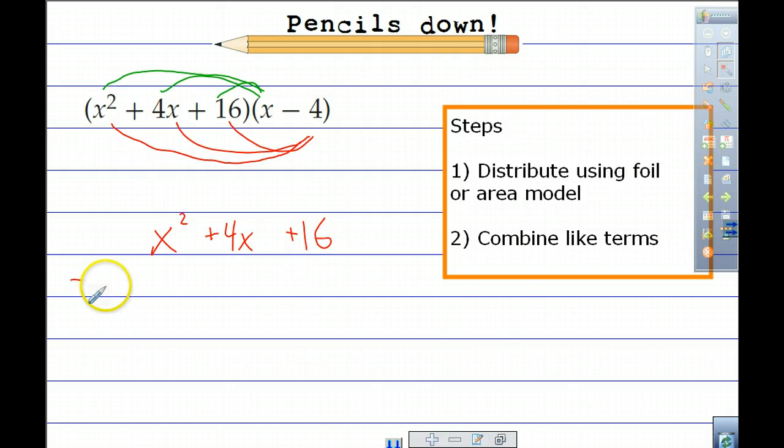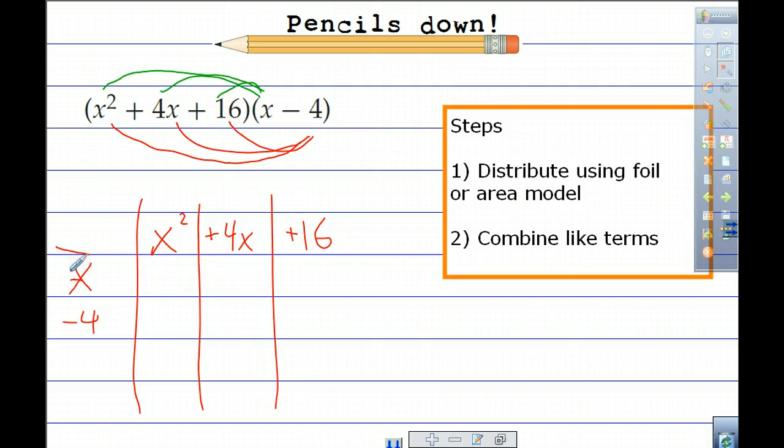So anytime you're doing anything with a trinomial or more, I recommend this, just because all the like terms line up for you. Whereas if it's in a straight line, you have to kind of scan through one long math sentence for just the right thing. And again, if you forget about this, put those exponents there.